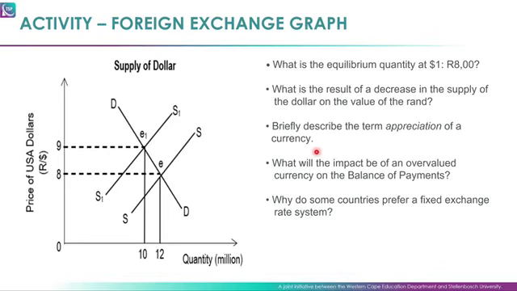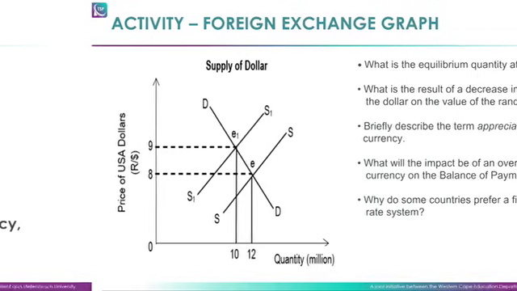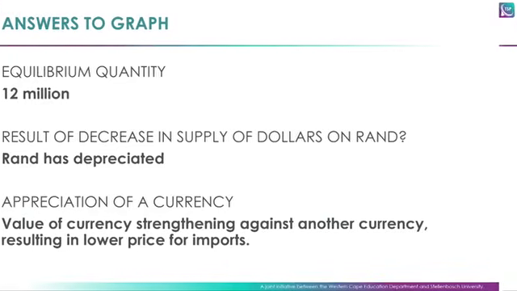And then number 3, it speaks about the appreciation of a currency. So when a currency, in this case the dollar, has appreciated against the Rand, that means the value of a currency is strengthening against another currency. Right? And let's just quickly look at those answers.